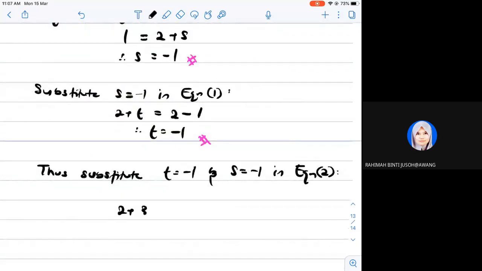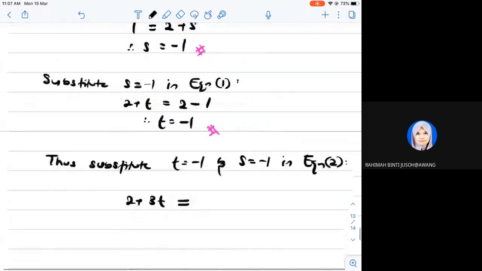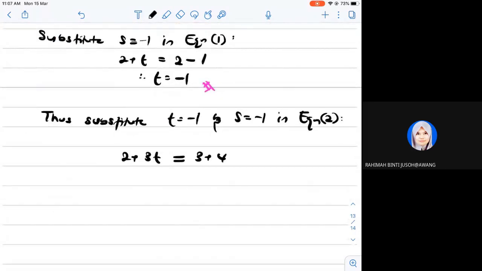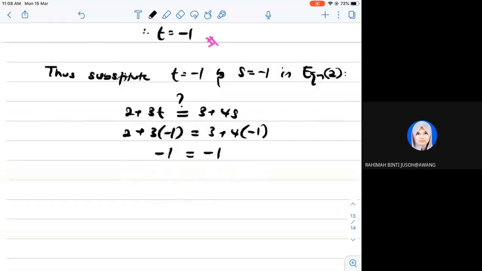Kita test sama tak dengan 3 plus 4S. Is it the same? Kena test. So you pun test lah 2 tambah 3 times negative 1 sama tak dengan 3 plus 4 times negative 1. So 2 tolak 3 negatif 1 sama tak 3 tolak 4 negatif 1? Yes. So bila sama macam ni, yes, intersect.